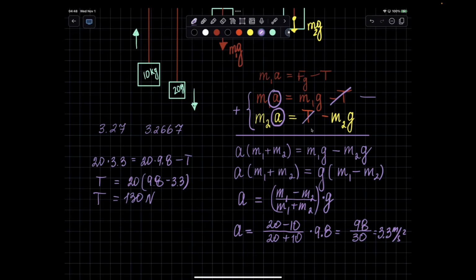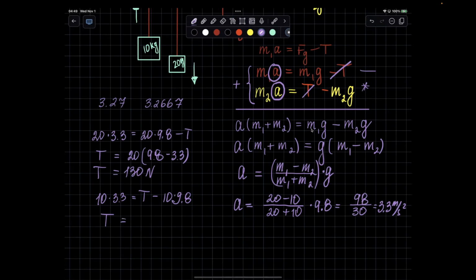Then if I take this one, then I'm going to have 10 times 3.3 equals tension minus 10 times 9.8, from where tension is going to be 10 times (3.3 plus 9.8).